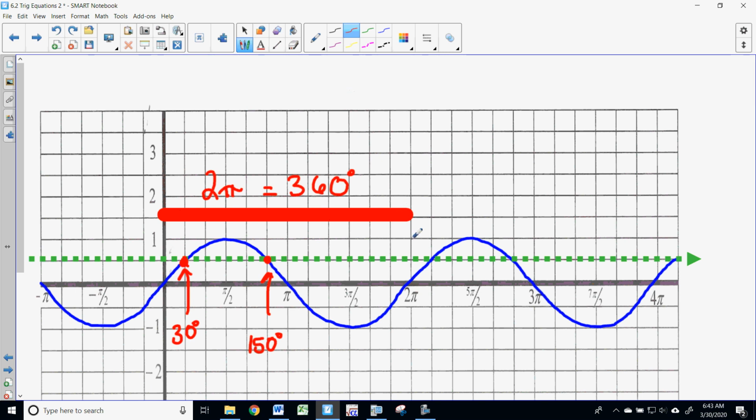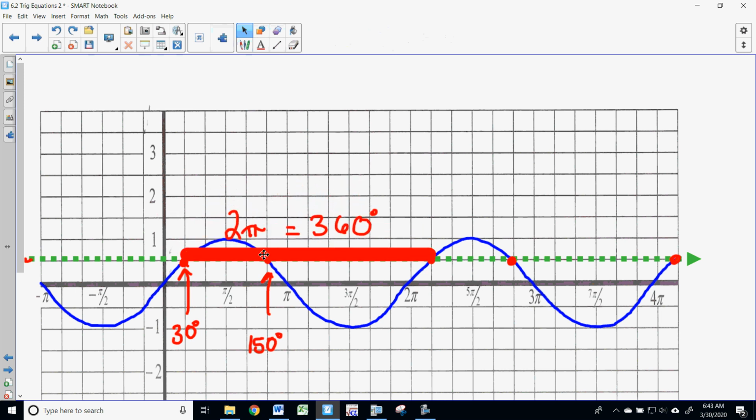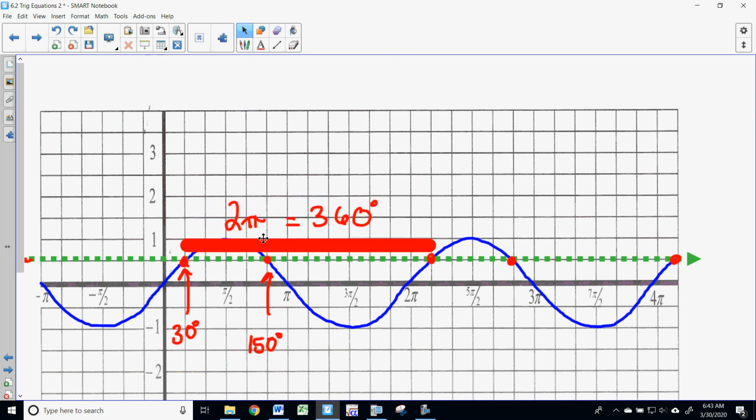However, as you look at this graph, there are other points where it is also equal to 1/2. And there's even more that go past this graph, continues to the left and the right. But you'll notice if we look at the 30 and we go one period forward, so whether it's 2 pi or 360, if you're in radians or you're in degrees, either way, you'll notice you'll get another solution.